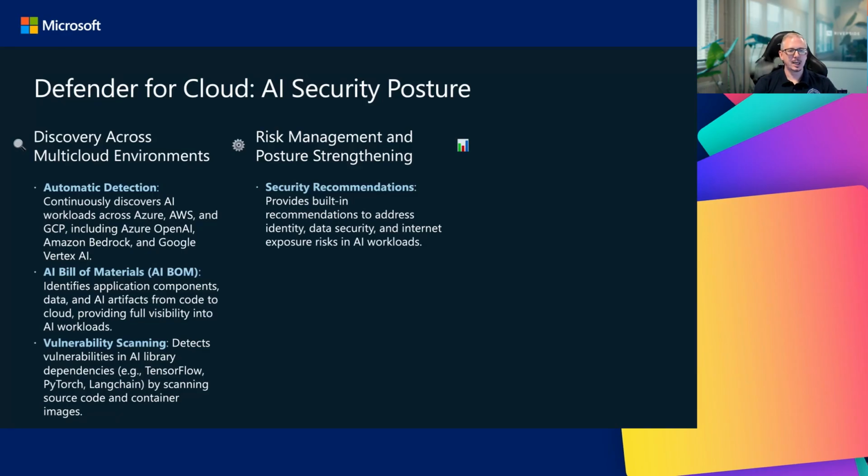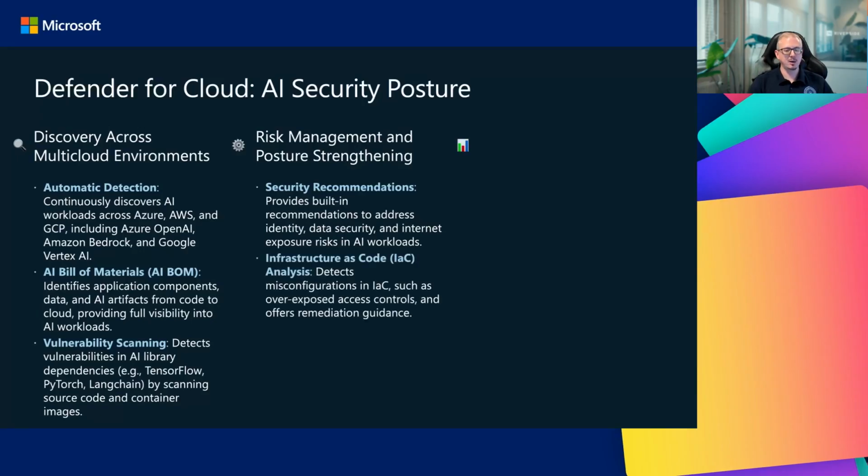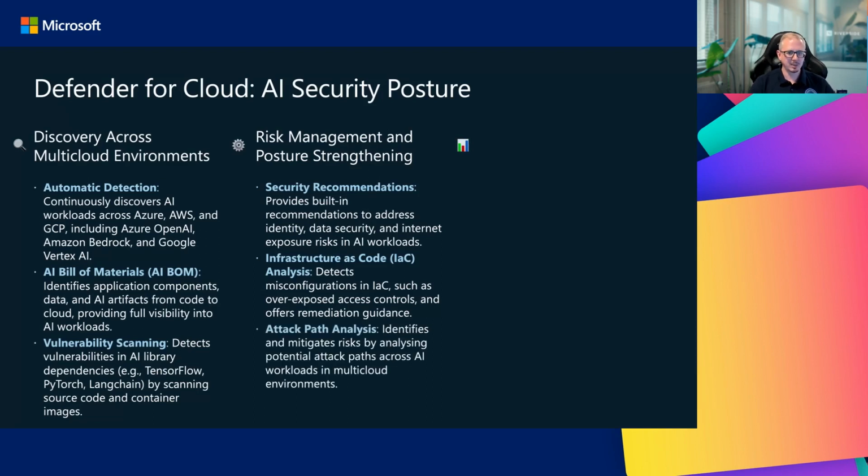Next, we can look at risk management and posture strengthening. What this allows us to do, by ingesting visibility of our AI resources into Defender, is start building out security recommendations around identity management and data security.